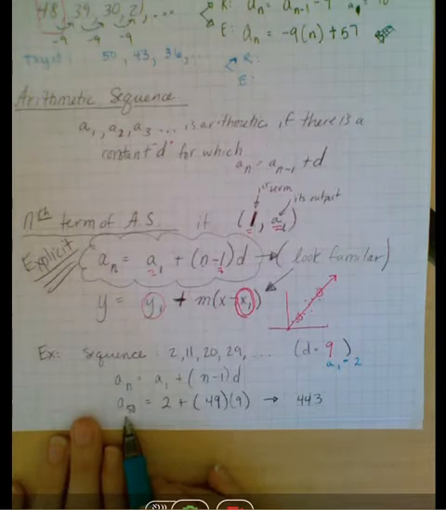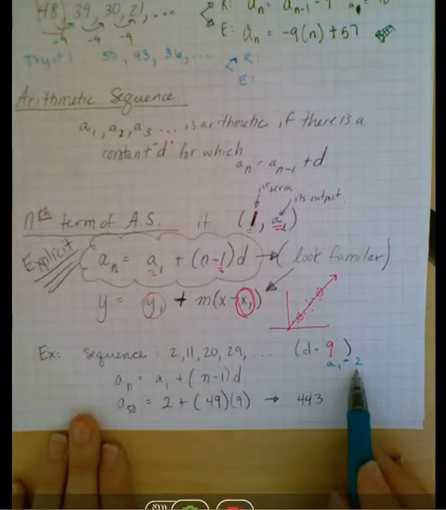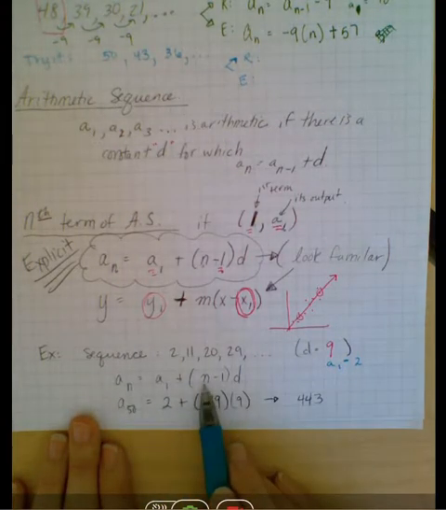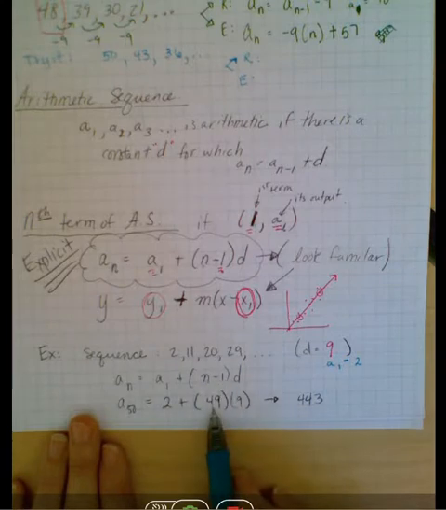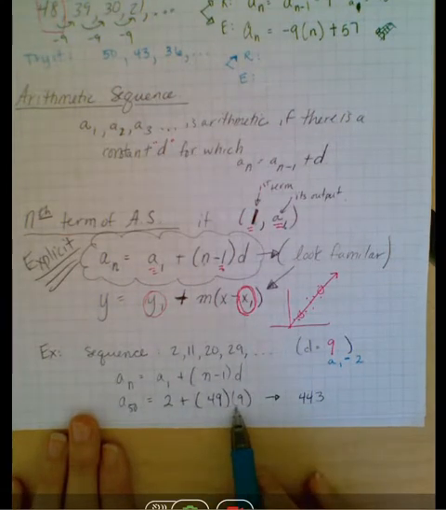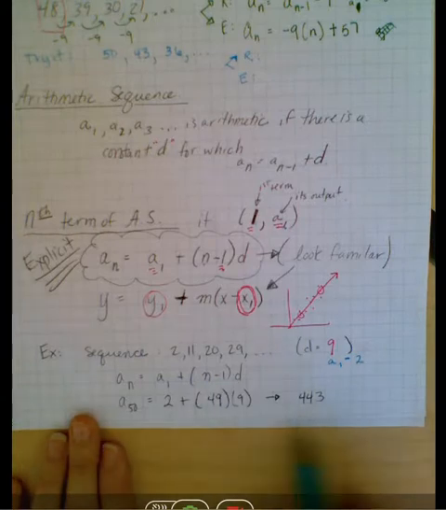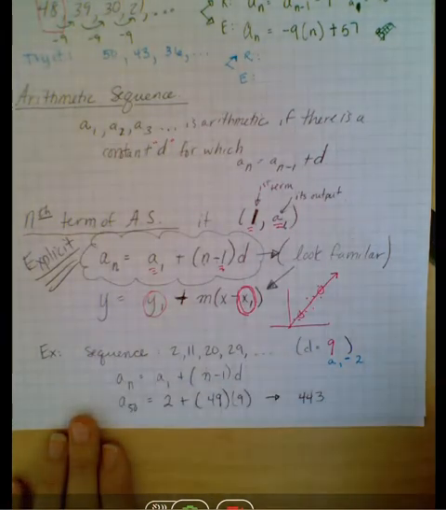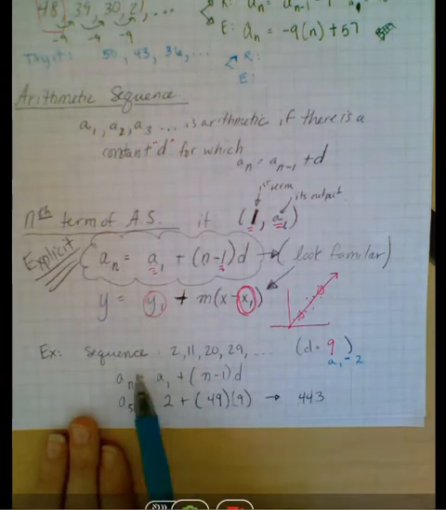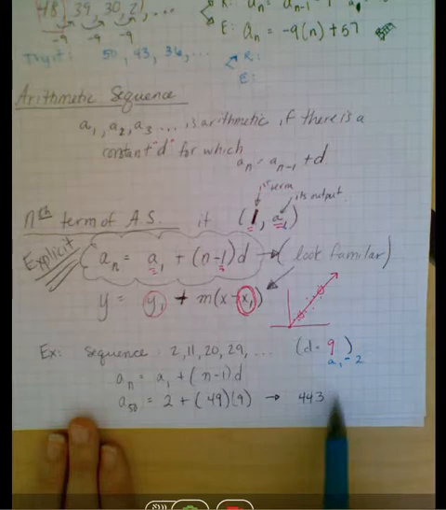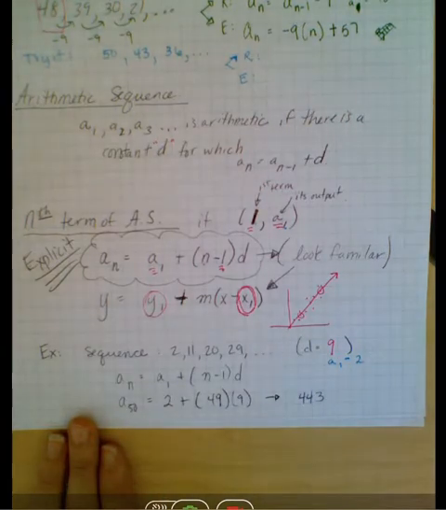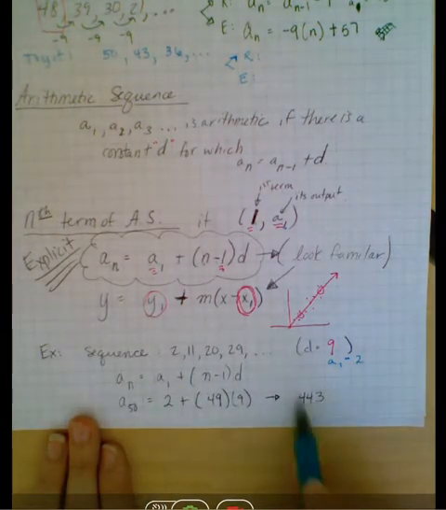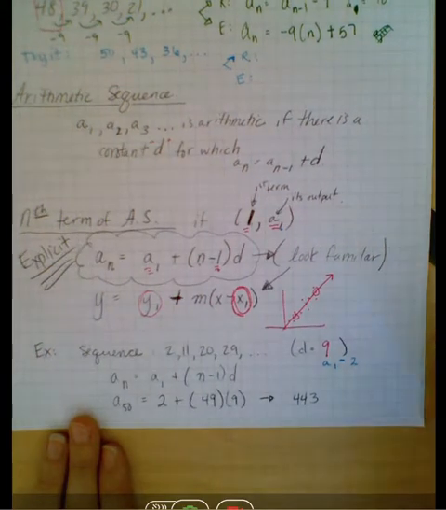Let's say I want to find the 50th term. So I plug in 2 because it's my first term, plus 50 minus 1 is 49, times my common difference of 9 gives us an output of 443. So I could build this recursively step by step to get out to that, or I can use an explicit equation that I generate to come up with the term 50 is associated with 443.